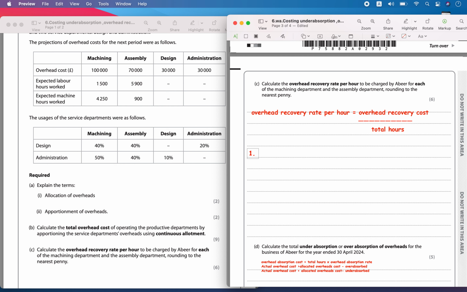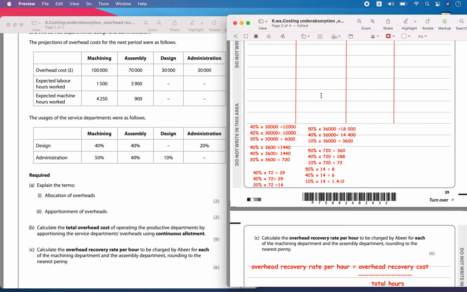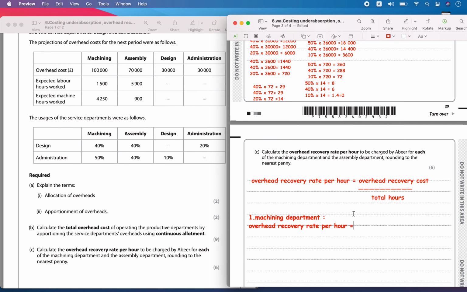Now let's calculate. For the machining department, the overhead recovery rate per hour is going to be equal to the total cost, 131,837, divided by the total hours expected to work, machine hours you have to take, 4,250 total machine hours.